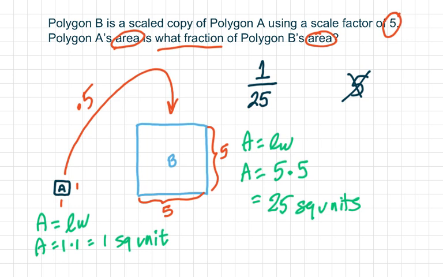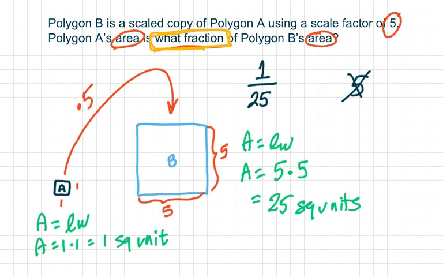So I think you might have grabbed the number 5 and said, well, the scale copy has a scale factor of 5, so probably the area does too. And that makes me think that perhaps you missed the part where it says what fraction, right? Because we aren't actually asked for what is the scale factor. We're being asked what is the fraction of the area of one compared to the other.